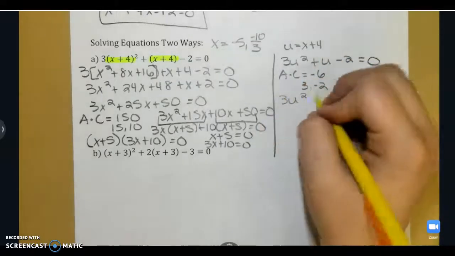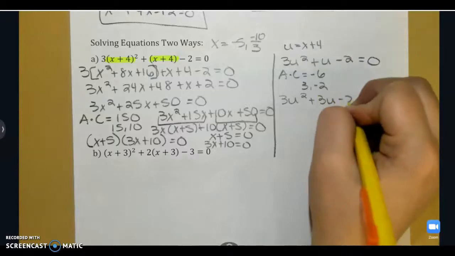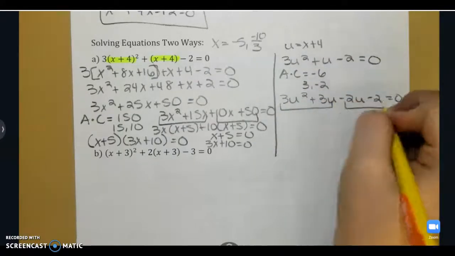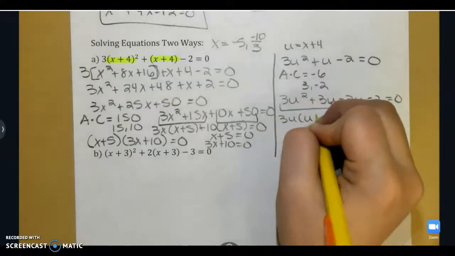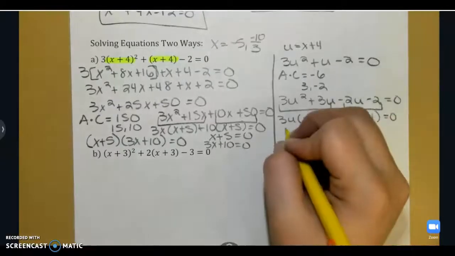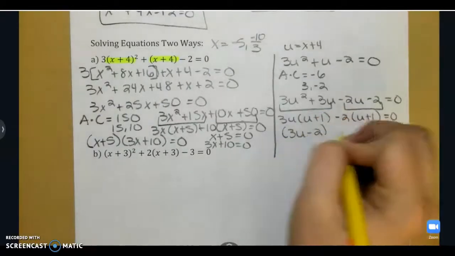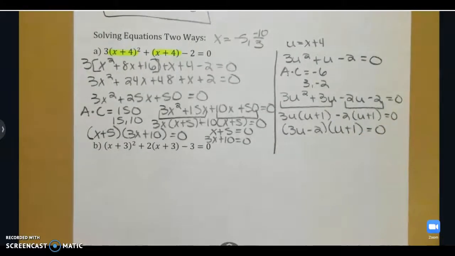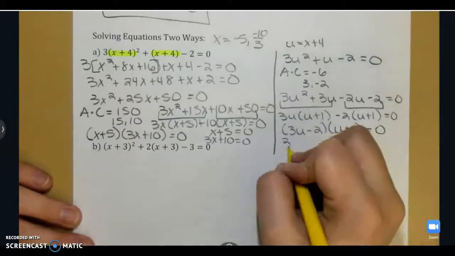So 3u squared plus 3u minus 2u minus 2 equals 0. Group, group. And so it's factored, and I can set each parentheses equal to 0 now.